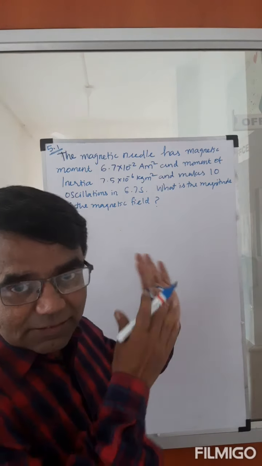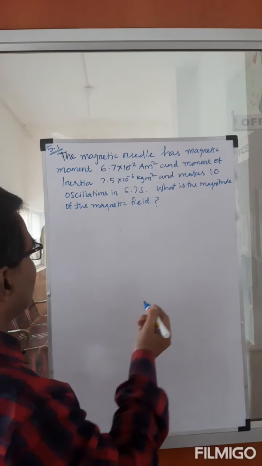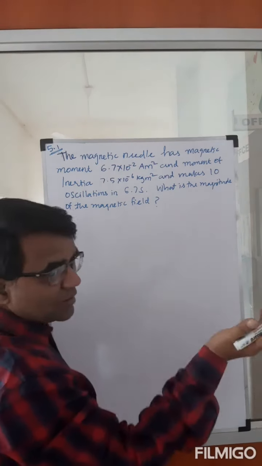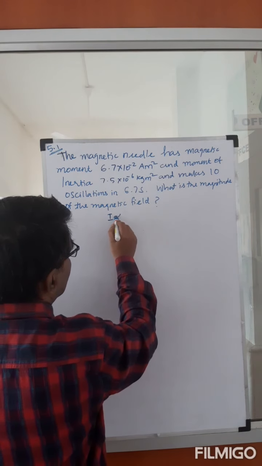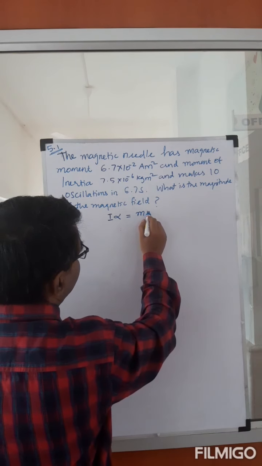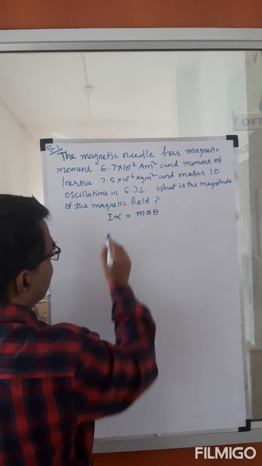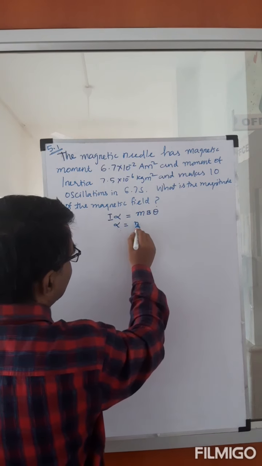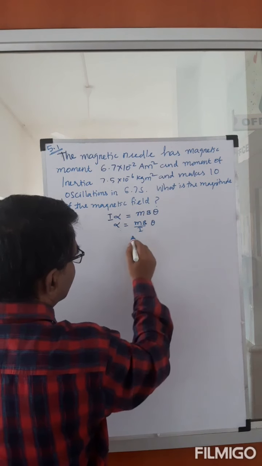So we just derived the expression too. What did we say? We said the torques must balance, right? I alpha must be equal to m b theta. So alpha is equal to m b by I into theta.